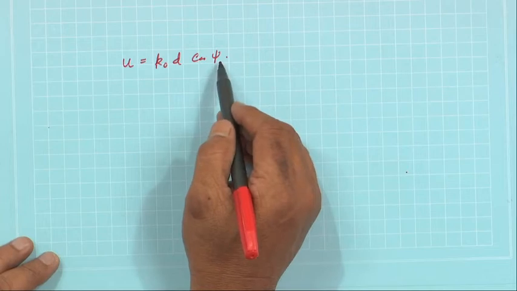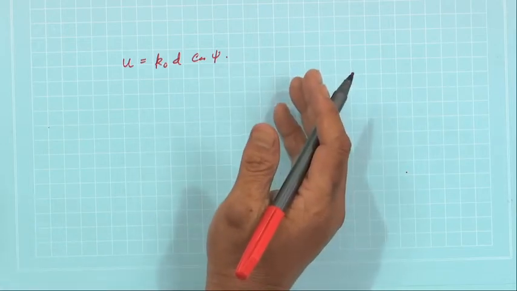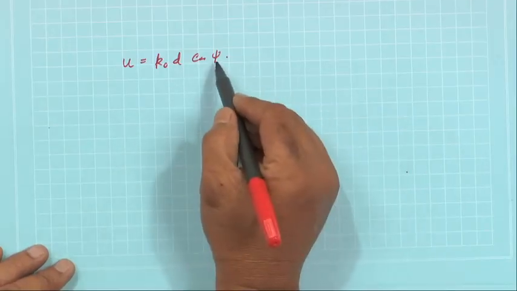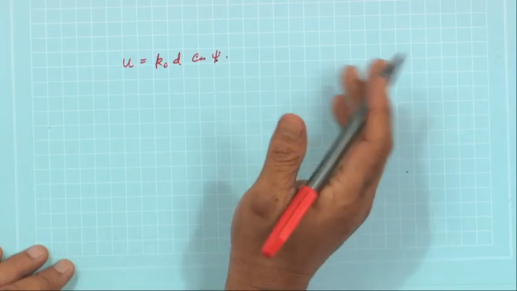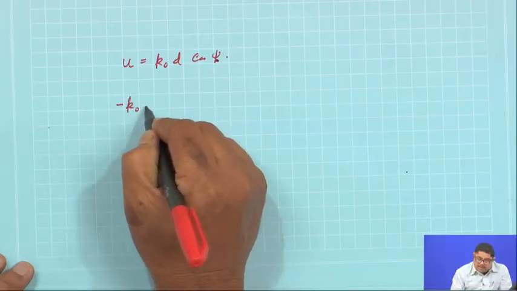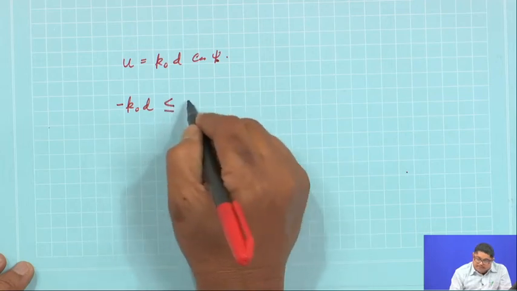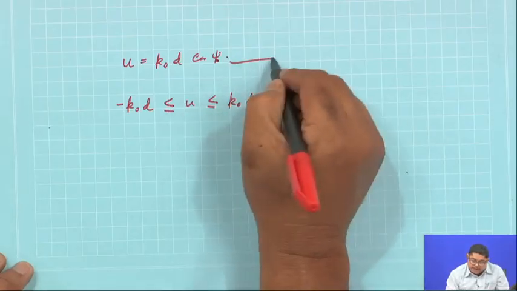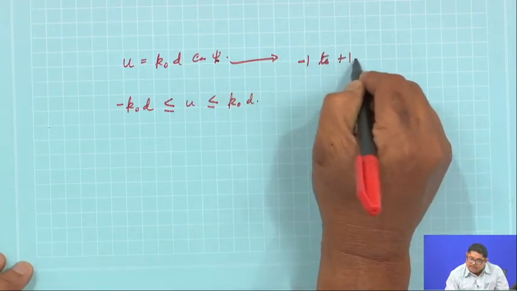Now, cos psi is nothing but sin theta cos phi, so that can take values of plus 1 or minus 1 at the most. That means the range of u corresponding to physical space, because theta and phi real means this is physical, the visible region, will extend from minus k naught d to plus k naught d, because cos phi is varying from minus 1 to plus 1.